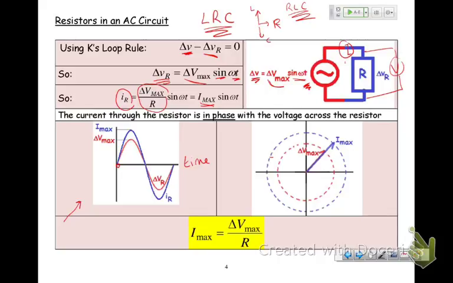Now, if I think about I max is equal to delta V max over omega L, where does that come from?